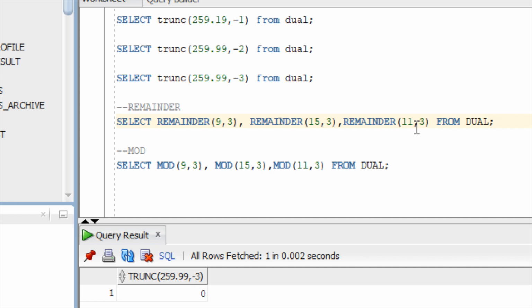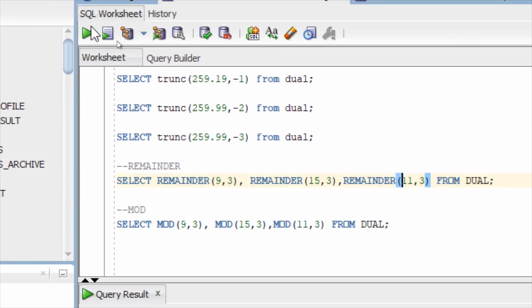You may expect 2 to become the answer, but the remainder function won't work like this. Here the number 11 is almost nearing number 12, which is divisible by 3, right? So when you execute this query, instead of showing 2, it will say -1.